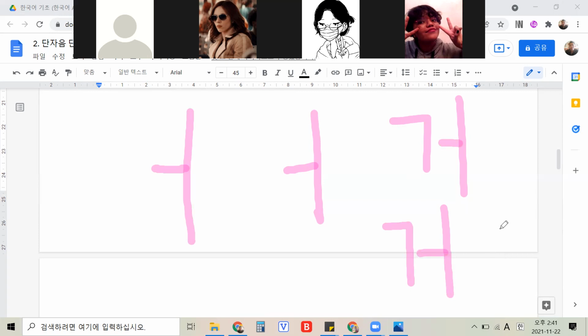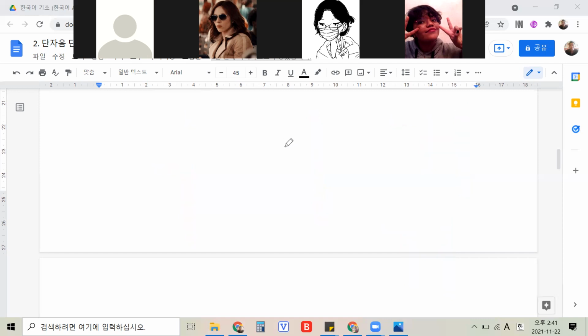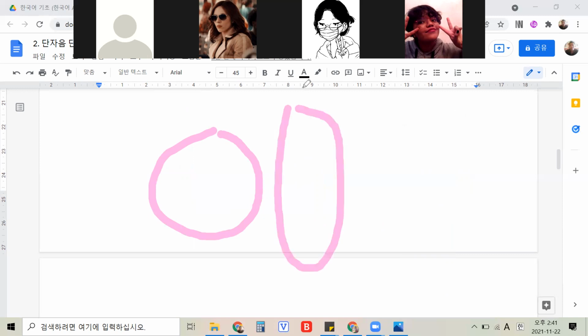If whoever sees your syllable can recognize it, there's no problem. Another tip: when you write the consonant and the vowel, make sure to put a gap between them. No attach. That's the tip I can give you.